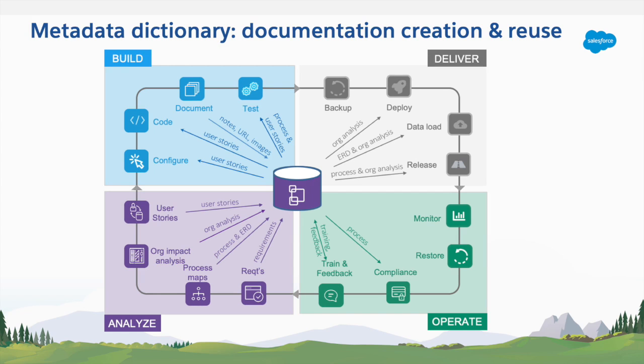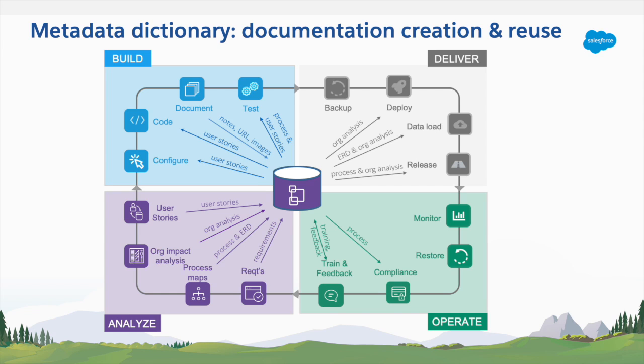So if we look at this picture again and look at the flow of documentation in and out, at the center we have a document database. You can see if we start in the middle there, train and feedback, we're getting feedback from our end users, we're getting optimization ideas that are coming back from end users or from admins or developers.